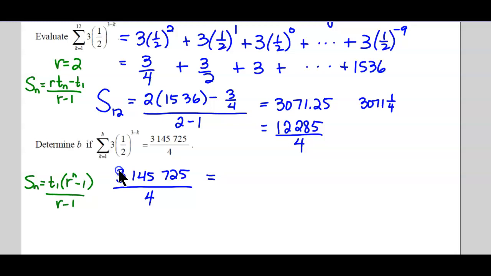This is not n minus 1 in the exponent. Sometimes students mix that up. Look at your formula sheet. Read it carefully. So this n would be b.